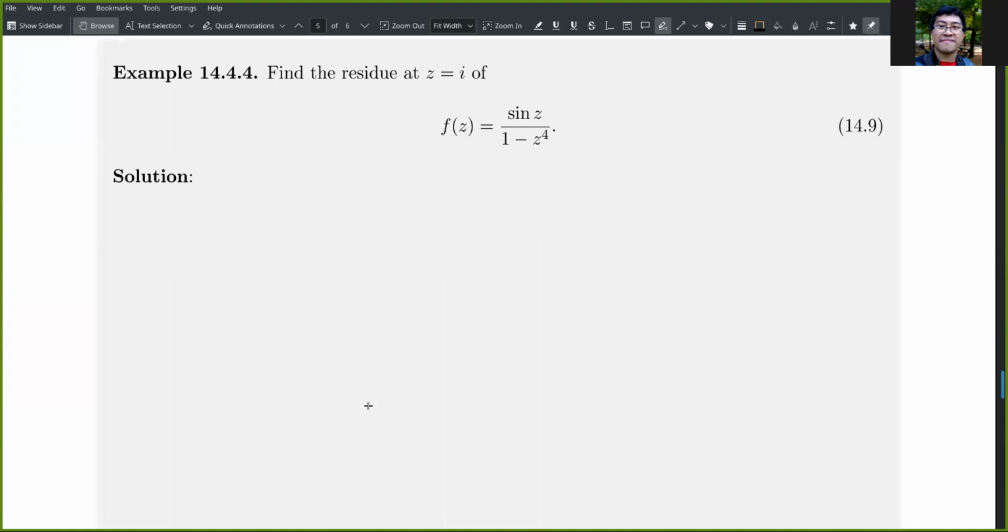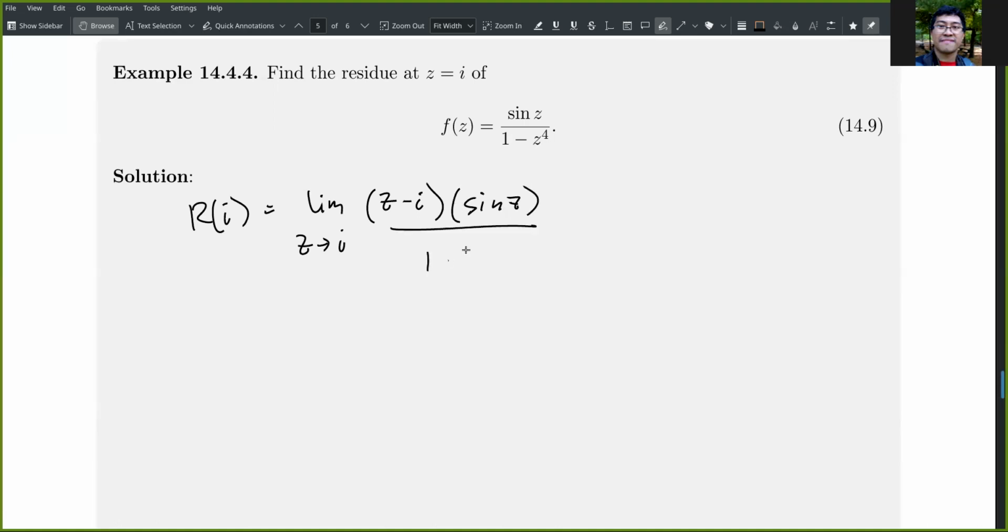Another example, find the residue at z equals i of this. So you multiply by z minus i, and then evaluate at z equals i. So R at i is the limit as z approaches i of z minus i times sine of z divided by 1 minus z to the power of 4.